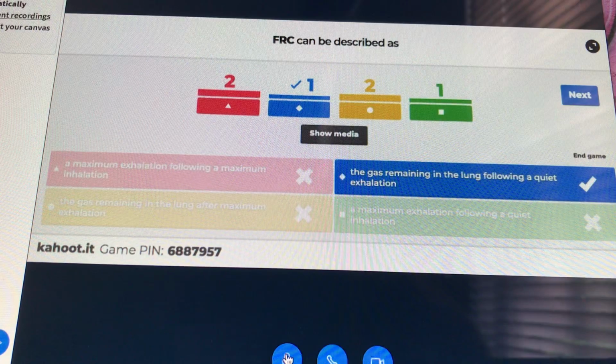So what was your question? What's in red? Max. What is that describing? Lung capacity. Vital capacity? Your inspiratory capacity? Your vital capacity? No, well, again, your vital capacity is a max inhale followed by a max exhale.